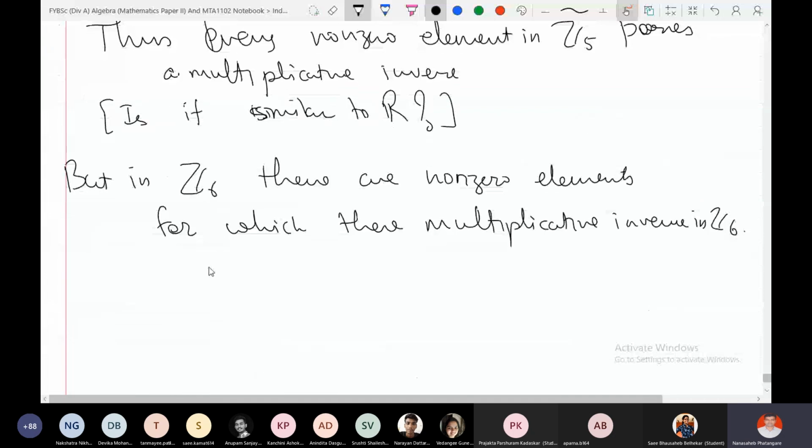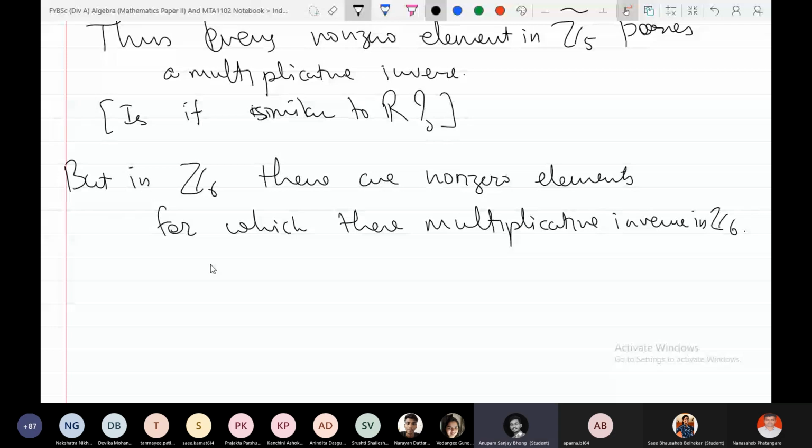Can you tell me? Z2n plus 1 possesses all the multiplicative inverses. Z2n plus 1, odd numbers. Odd numbers.